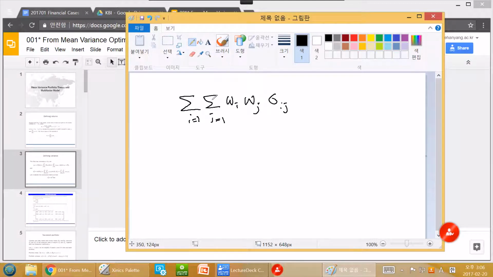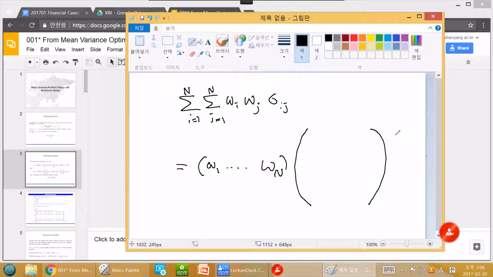And this one is basically now w1 through wn, and then we have a big matrix, and then w1 through wn, right?